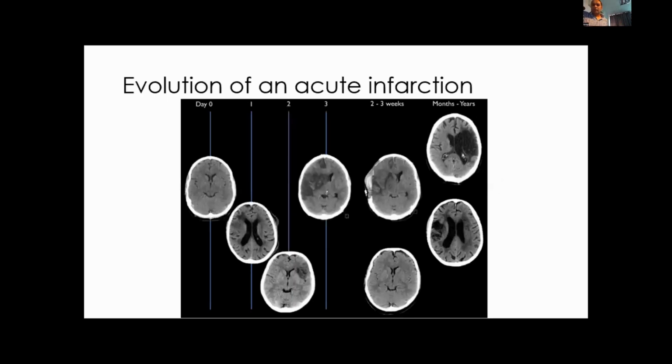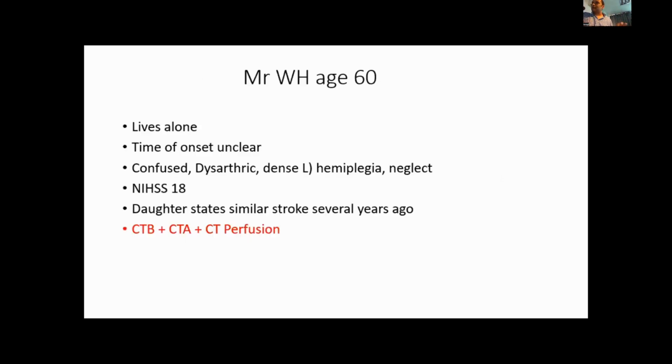And so on the CT, what happens in the evolution of an infarct? Well, over days, we either get some hemorrhagic transformation, or it just gets blacker. So in essence, I guess the point I'm trying to make is that this is not a science. We have the ability where I'm at to receive the imaging on my phone.